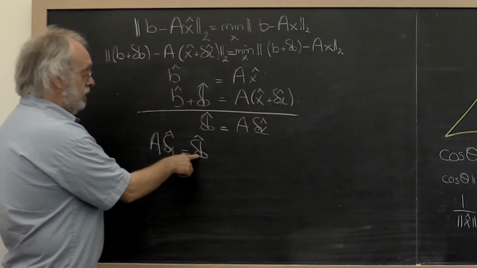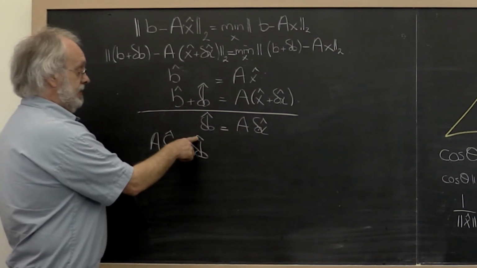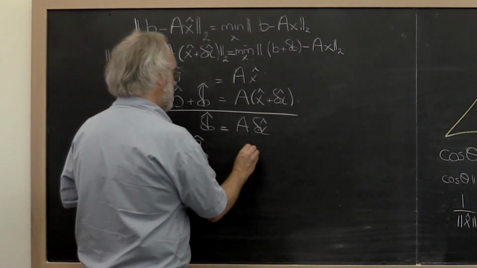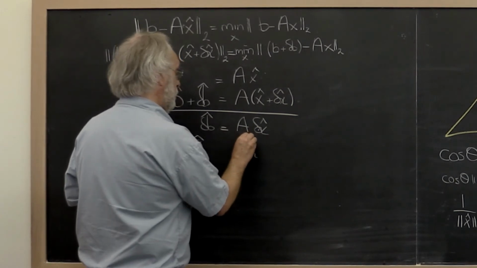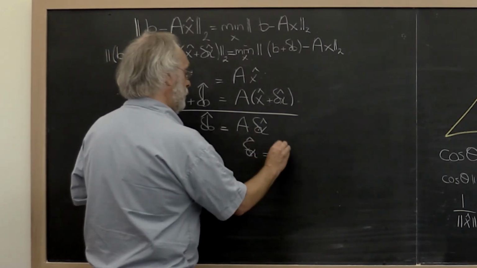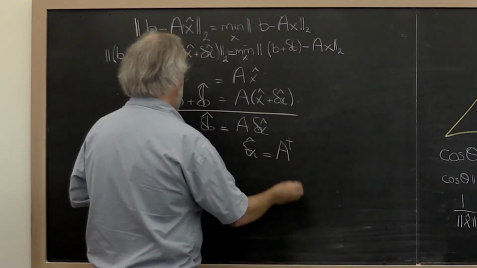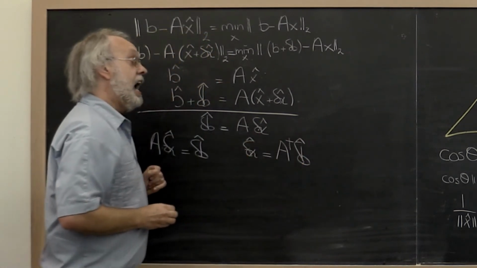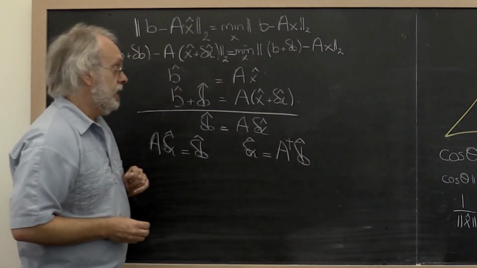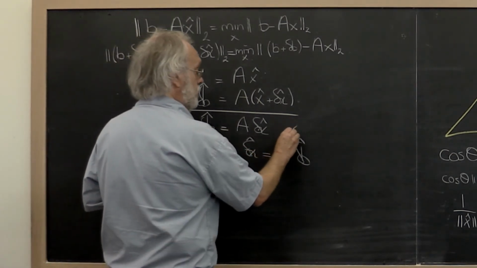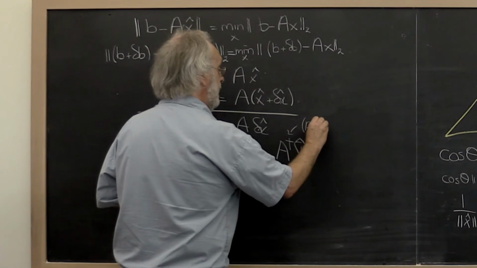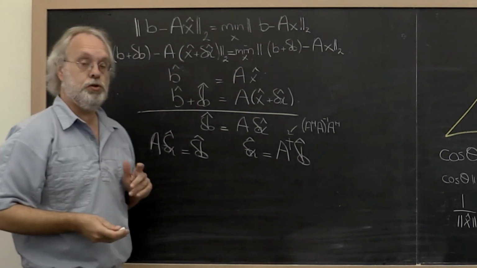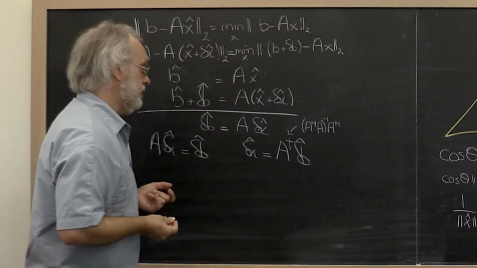And then because delta b hat is in the column space of A, this actually means that the change in the solution is equal to the pseudo-inverse of A times the change in the right hand side after projection. This, remember, is equal to A Hermitian A inverse times A Hermitian. And all along we're continuing to assume that the columns of A are linearly independent.